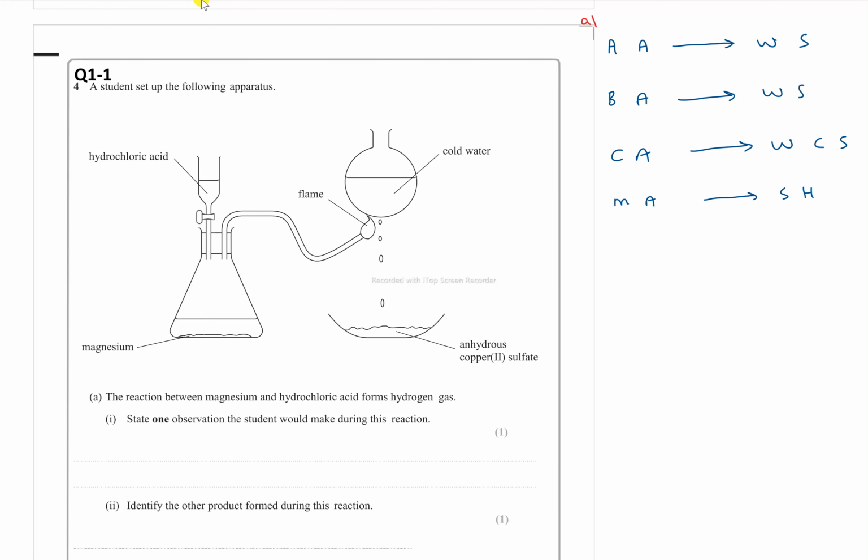This is alkali, this is acid. So alkali plus acid gives water and salt. Then you've got base and acid gives water and salt. Come back down here.